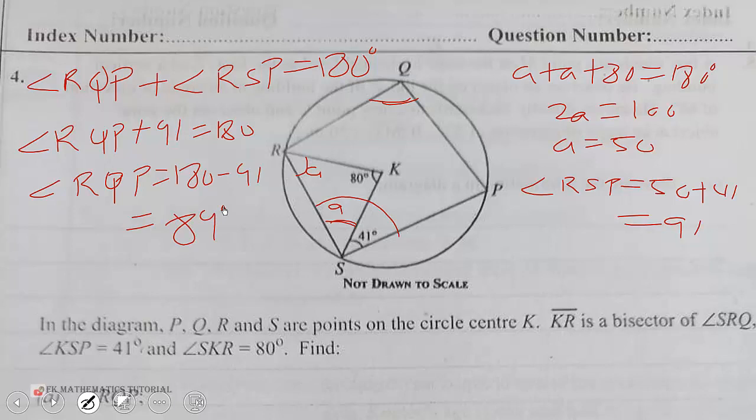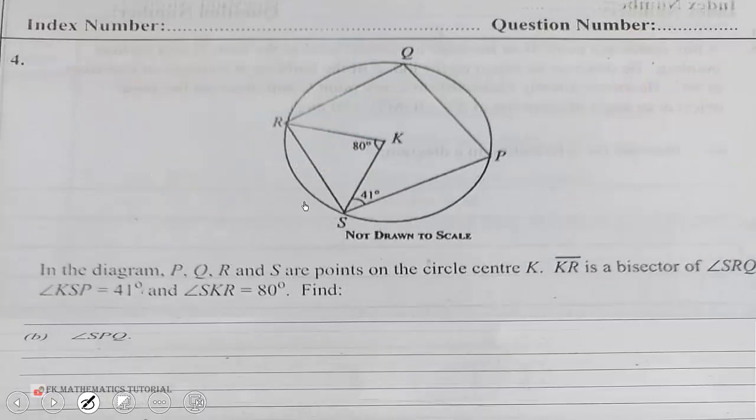So we're also told that the line KR bisects this angle. So this is also 50. So 50, so this whole angle here is 100. So if this angle is 100, this angle here is 100.